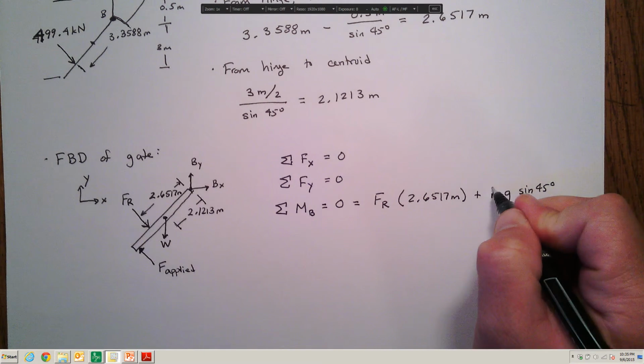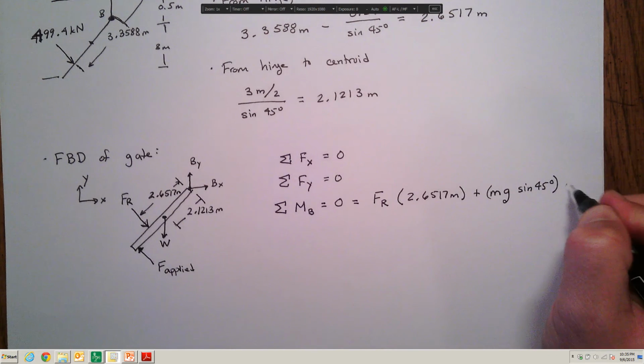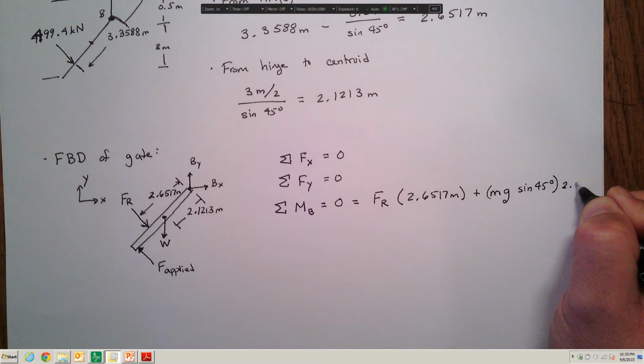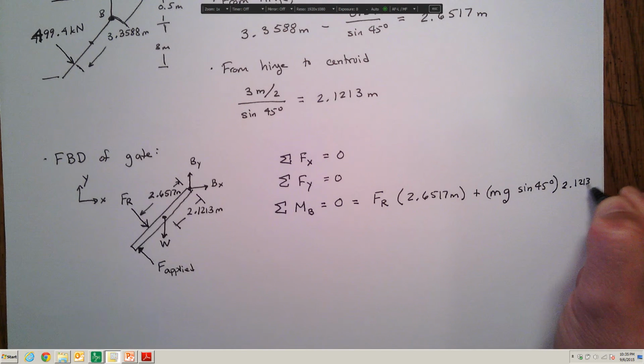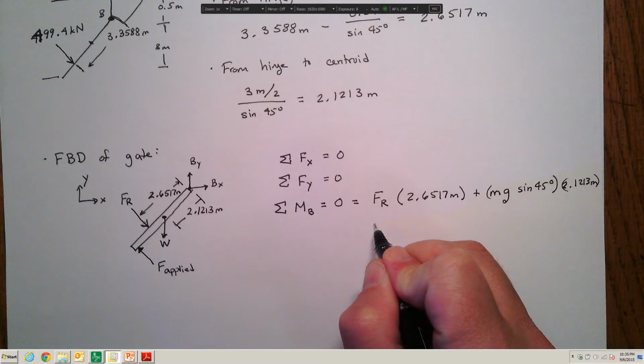And the distance at which that acts is this distance from the centroid, because that's where the weight force is going to act. So that's 2.1213 meters. And then the other force that we are going to have to contend with is this applied force, and that's going to act in the opposite direction.